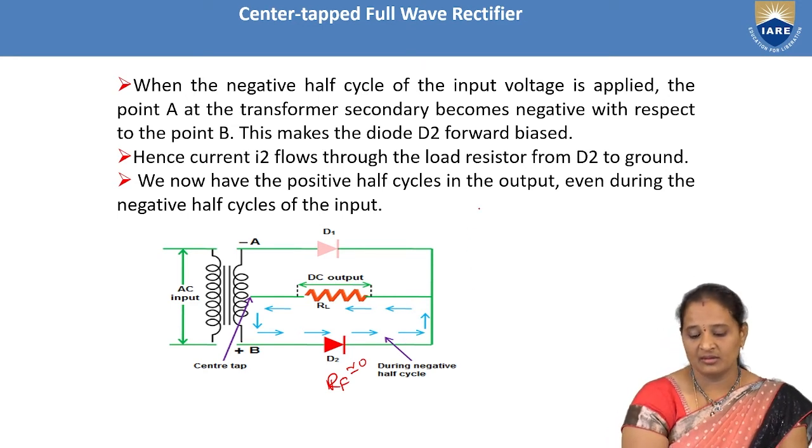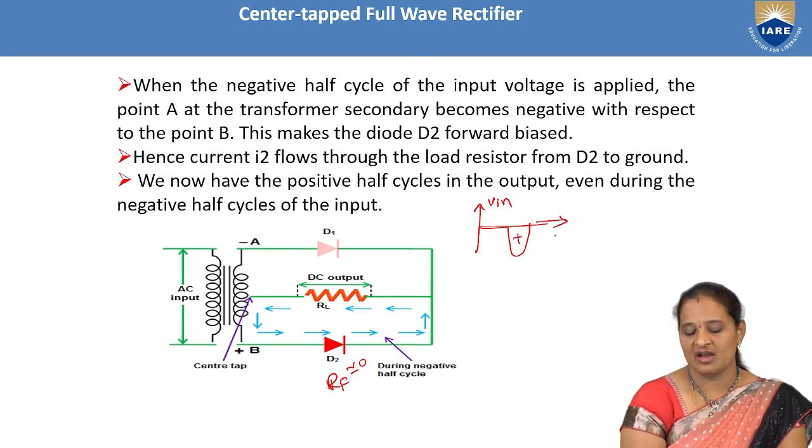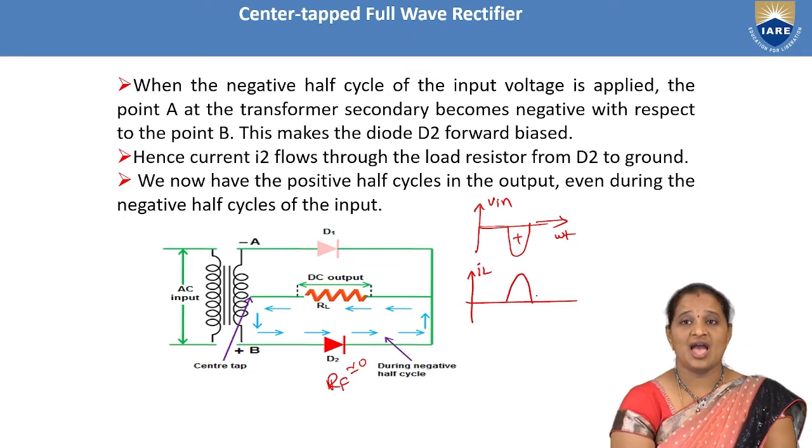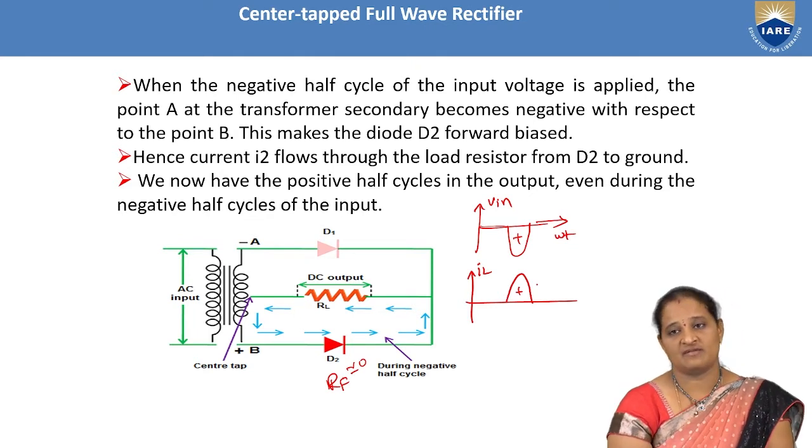Again, this happens due to the negative half cycle of input. This is my input and this is during the negative half cycle of input. So what happens here? The current flows through the load resistor in the same direction as that of the current flowing through the load resistor during the positive half cycle.